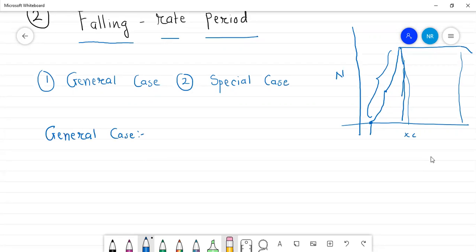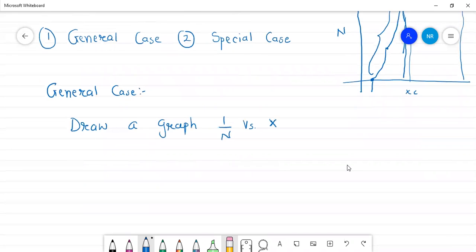So we draw a graph of one divided by N versus moisture content X, and for example I am getting this type of curve.